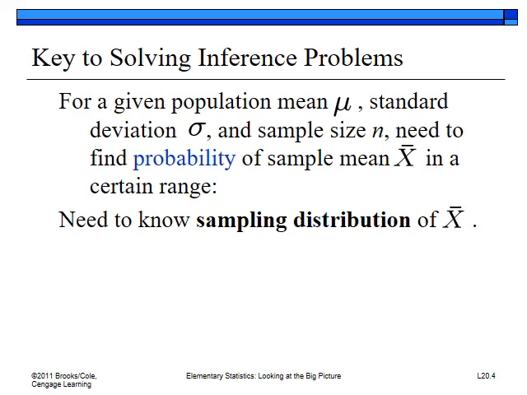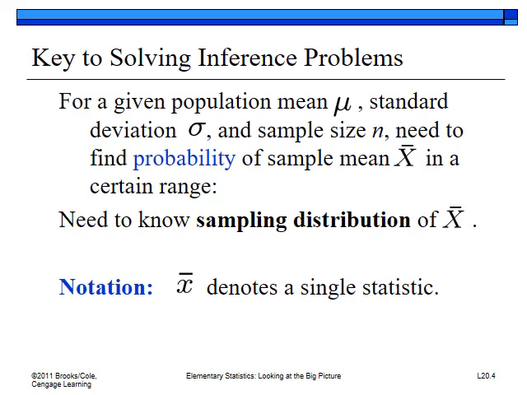To do that, we need to know how X bar, the means of our samples, are distributed. Now, a notational comment. Little x bar denotes a single statistic, so that's a single value. Big X bar, that's the mean of the random variable. It's important to be able to draw the distinction between those two.